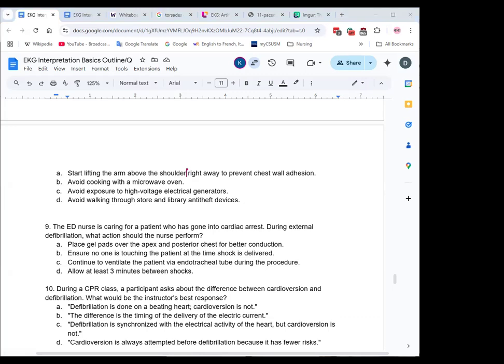It's going to go at the peak of your R wave. You don't really do cardioversion before defibrillation. I always feel like it's one or the other. Defibrillation is not synchronized. It's just a random shock. Cardioversion is synchronized.